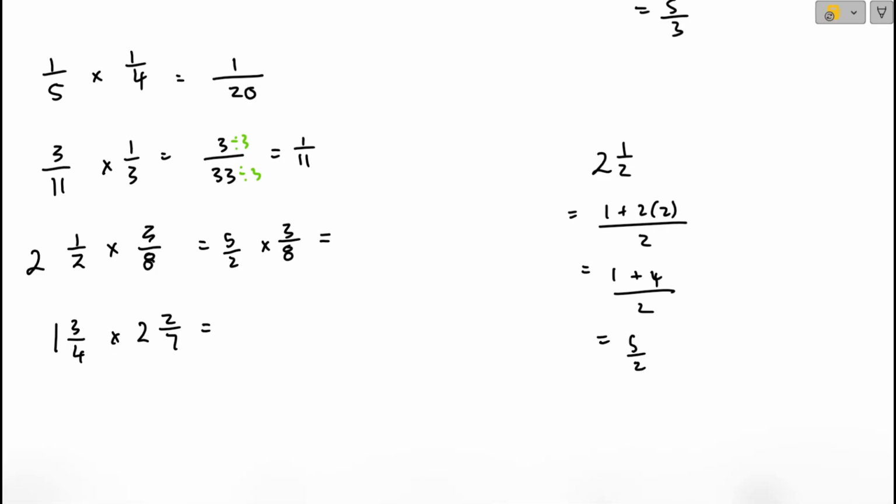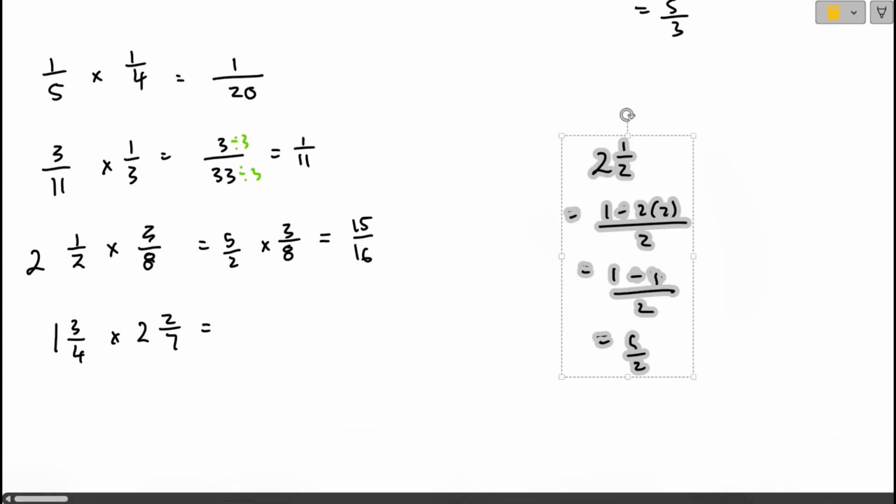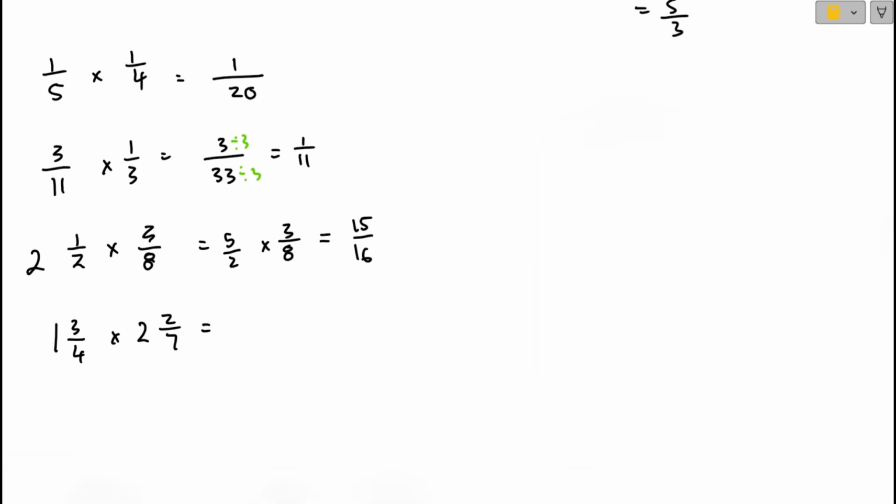Okay, remember, multiply denominator with denominator. So 2 times 8 will give us 16. And 5 times 3 will give us 15. Can we further simplify them? No, we cannot.